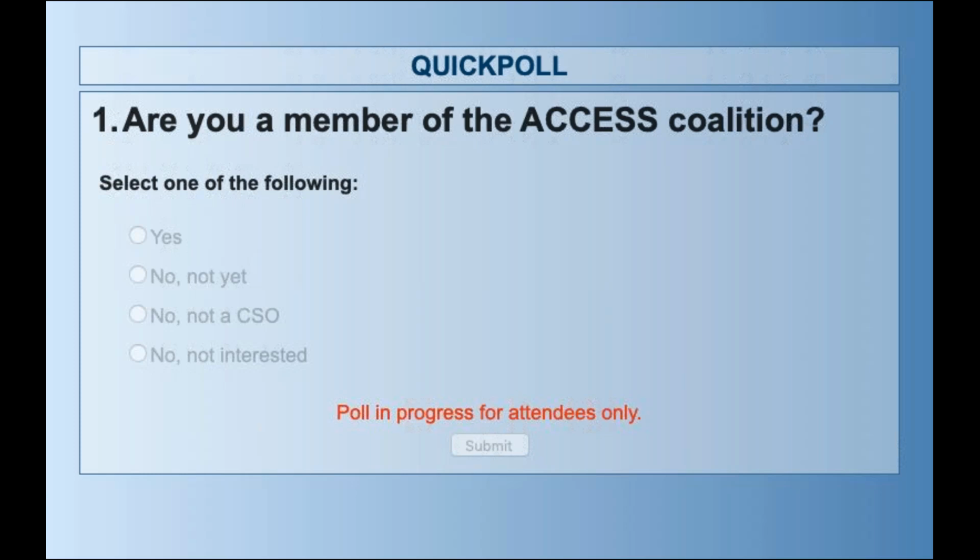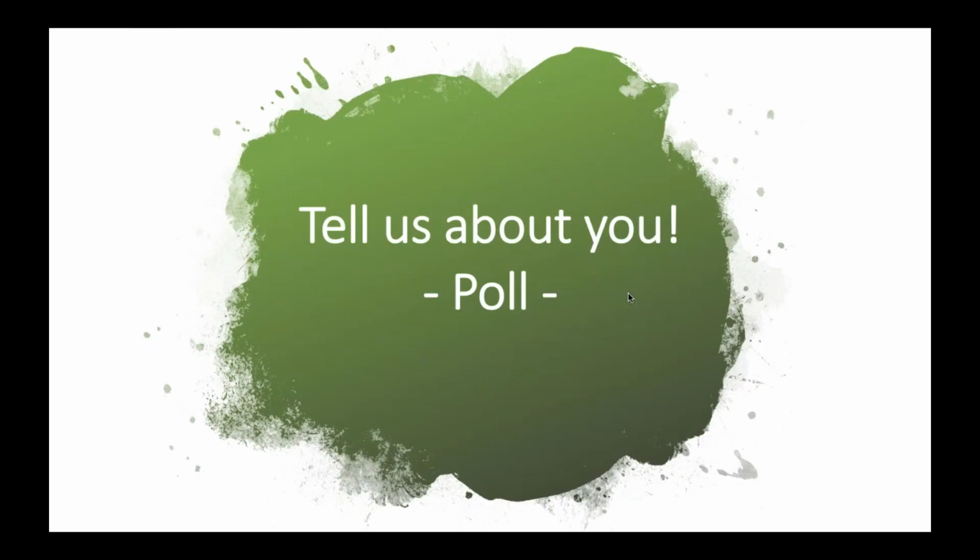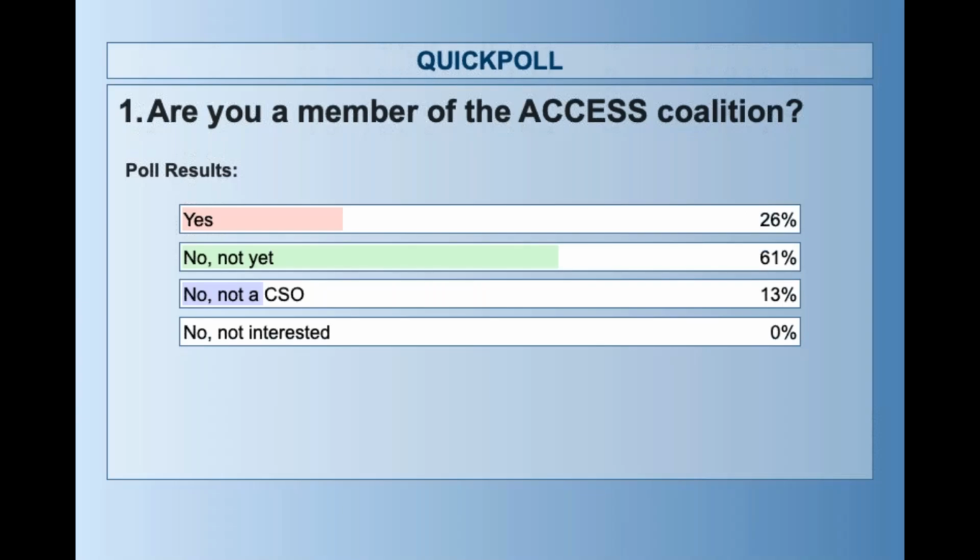Now we'll close the poll and display the results. Superb. So we have most of our people who are not part of the Access Coalition. We hope that this webinar will help you to understand more of the coalition so that if you want to be part of it, you could easily become a part of it.